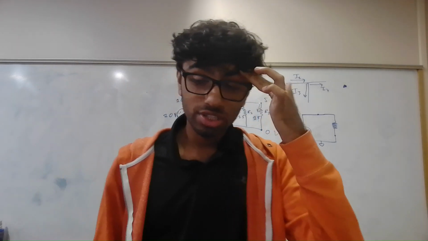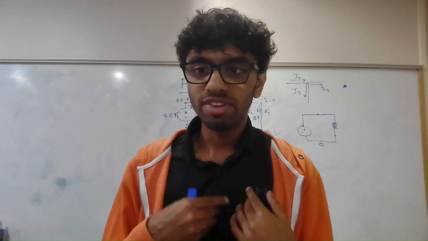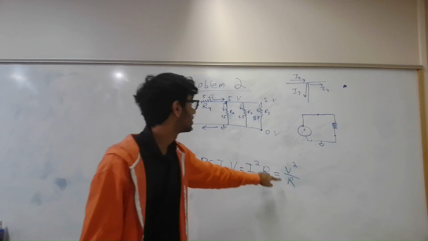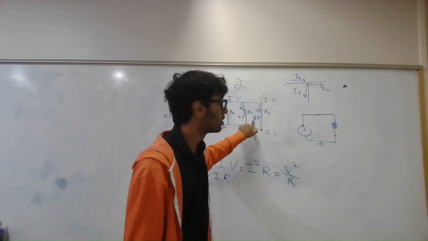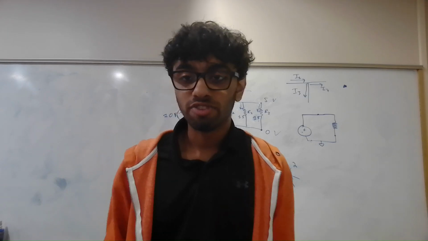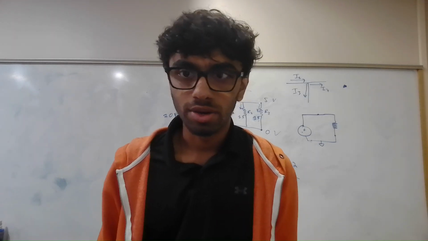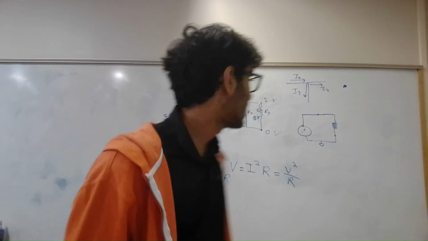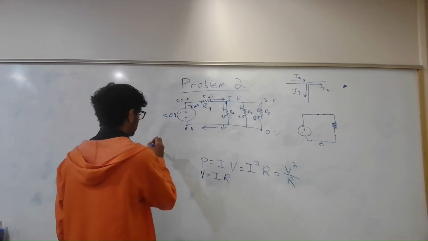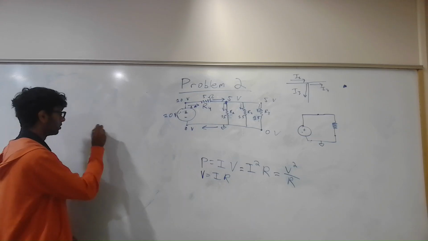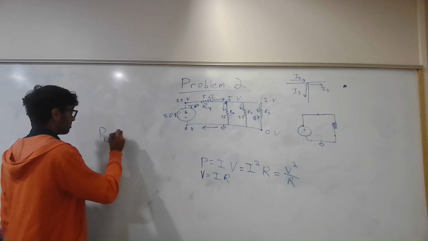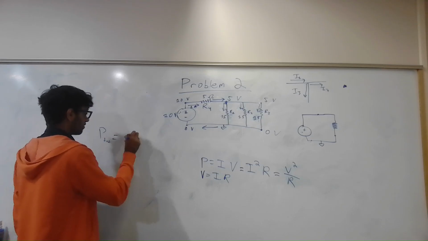And how much power does each resistor dissipate? To do that, we don't even need to look at the current, because we know the voltage drop and we know the resistance. So we just do 5 squared over 15. 25 over 15, that's 5/3 of a watt. Okay? And if we add up the total contribution, so P total, for R4 we calculated previously the power dissipated equals 5 watts.